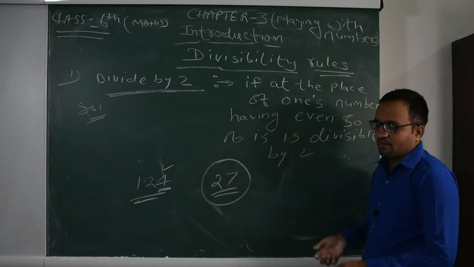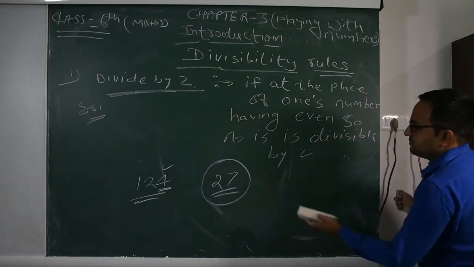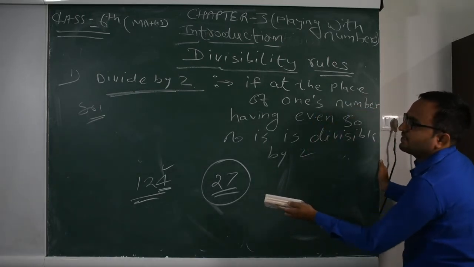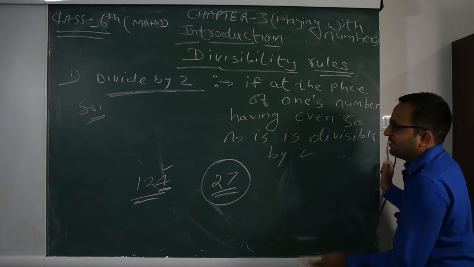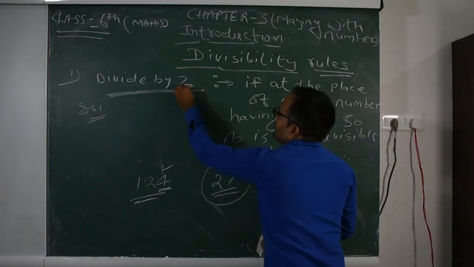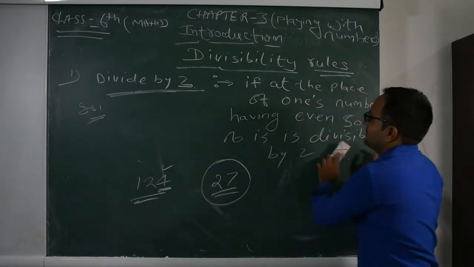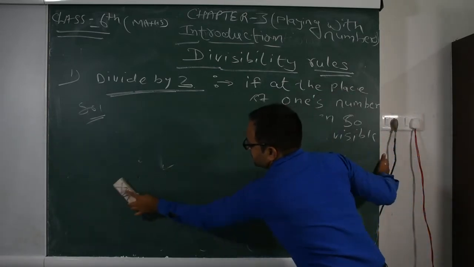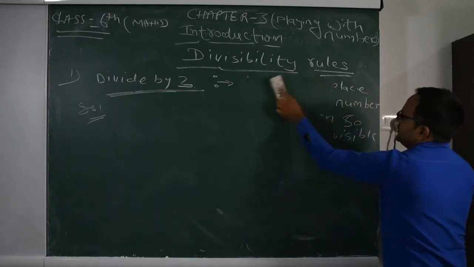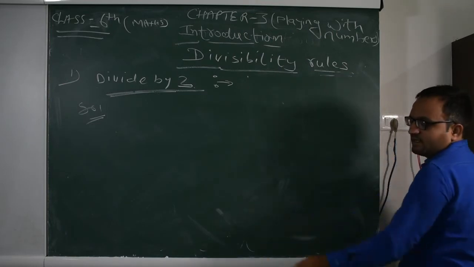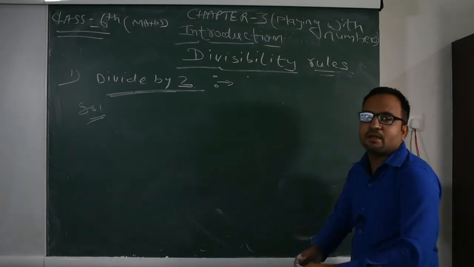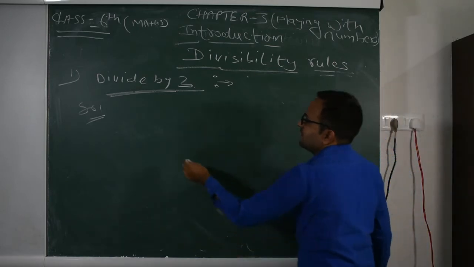Okay. Now we check the divisibility rule by 3. We check whether a number is divisible by 3 or not. What is the procedure?